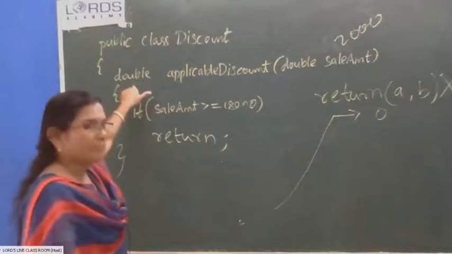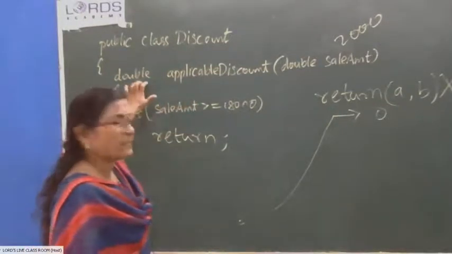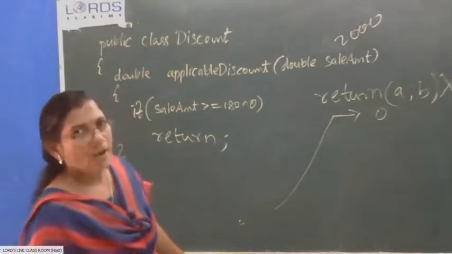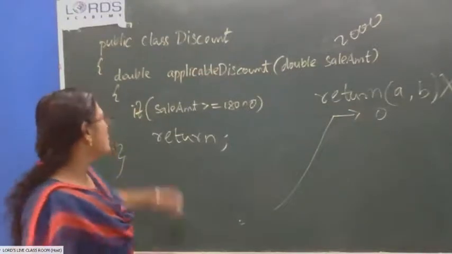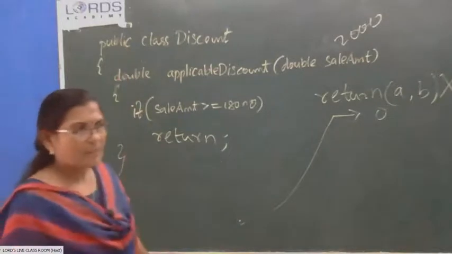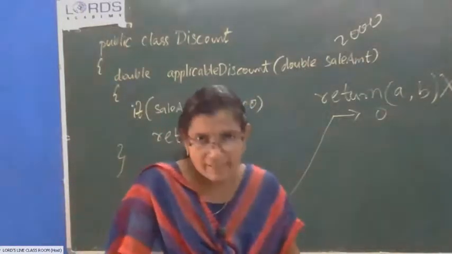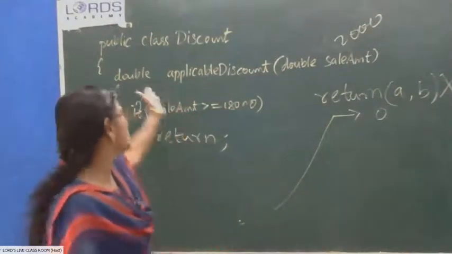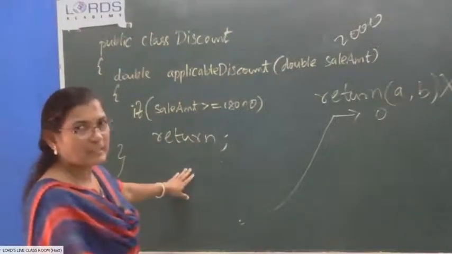Okay. If the return data type is any primitive data type, or it may be an object also, it may be a class type also. If you have specified any return data type other than void, you have to give back a value. What kind of data you have specified here, that type of value should be returned by the return command.